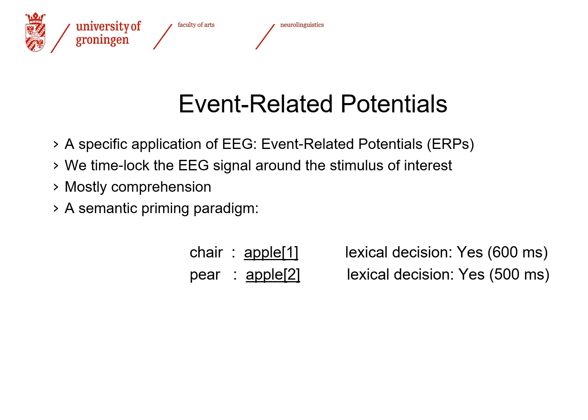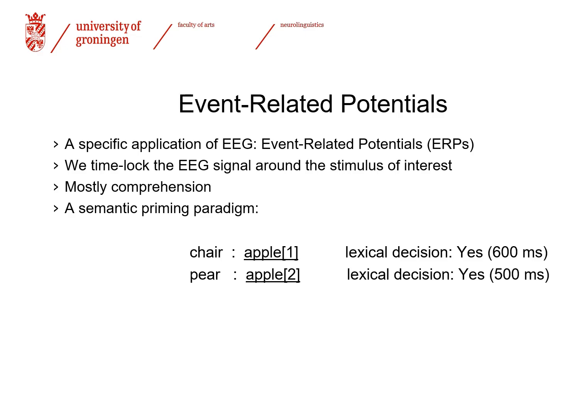With the application of event-related potentials, we make the scope of the electrical activity that we're interested in smaller. So what we do is that we try and take out only the bits of the electrical activity that are around the stimulus we are interested in.